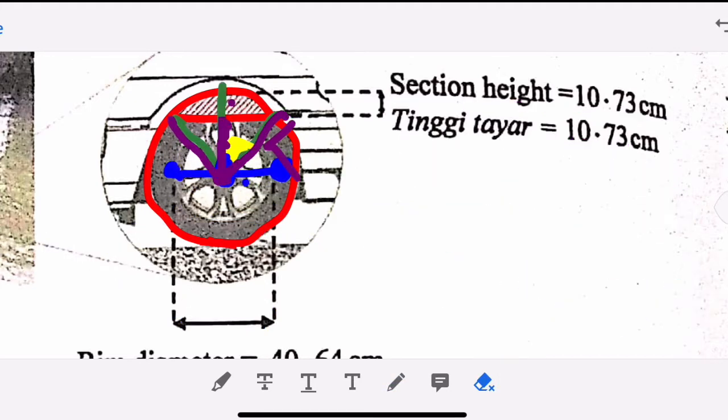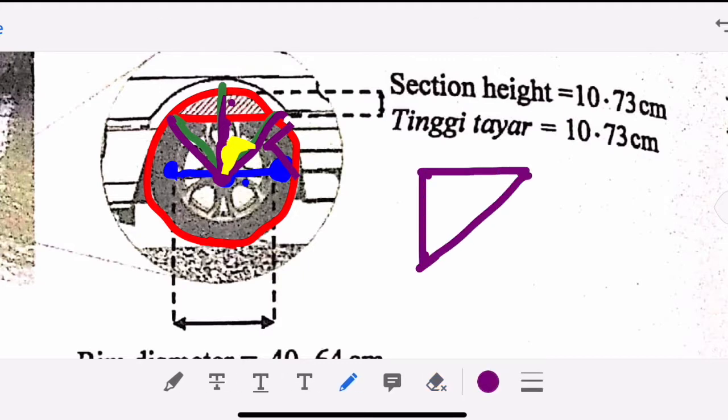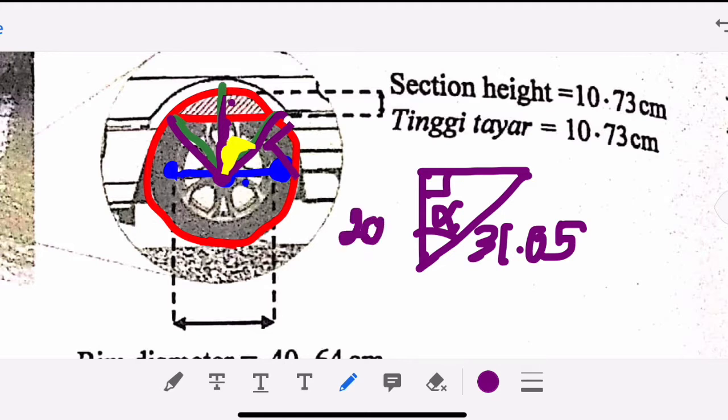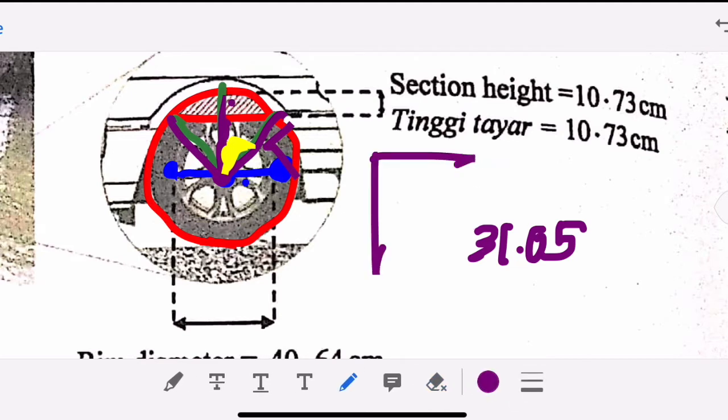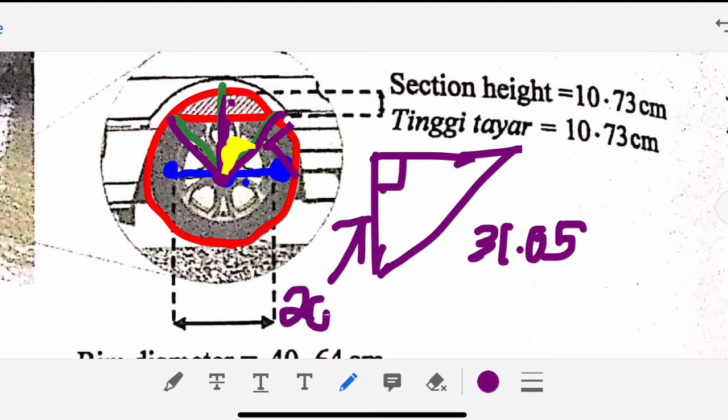We have 31.05, and this is 90 degrees, and let's say this is alpha. And just now I got the 20.32. This is 20.32. Let me draw again. So we can find the angle alpha here.